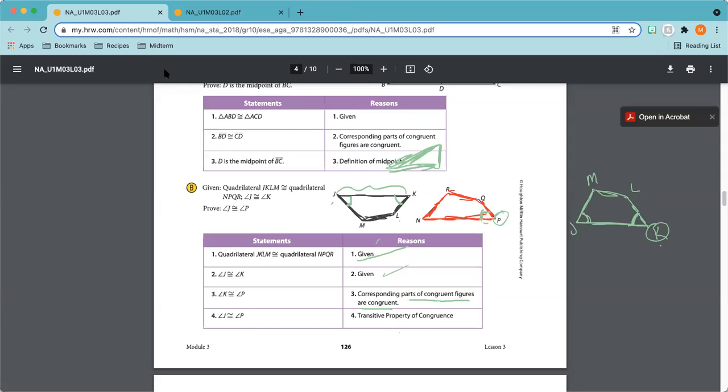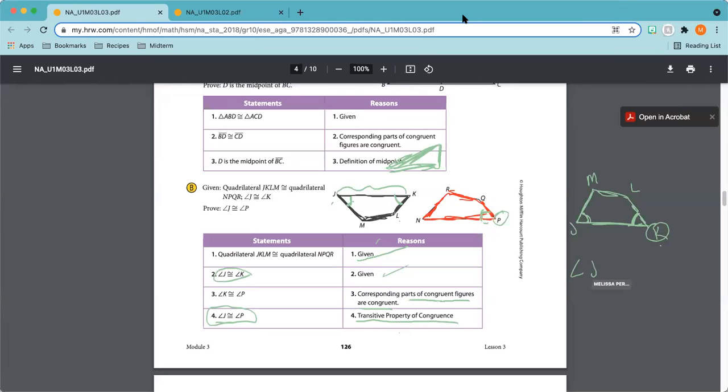Now, we're looking for the transitive property of congruence. There it is. That then says angle J is congruent to angle P because angle J is congruent to K. I'm going to write it exactly as the definition gave us.